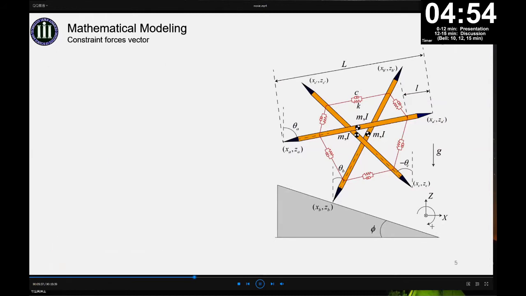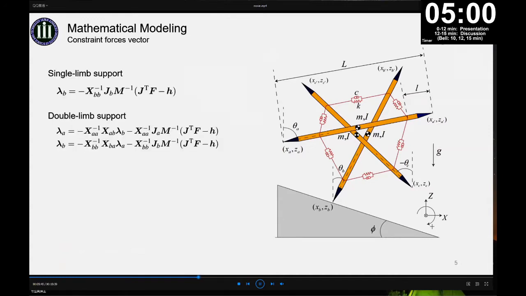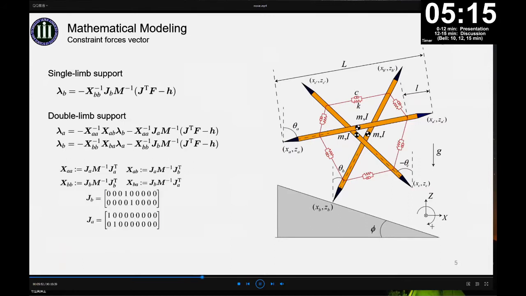Therefore, we can get the constraint force for single leg support and double leg support, respectively. Here, X is defined as this. Because Jacobian matrices JA and JB are shown respectively, the results of XAB and XBA are equal to 0. Then the constraint force or support force in the case of double leg support is shown in this formula.